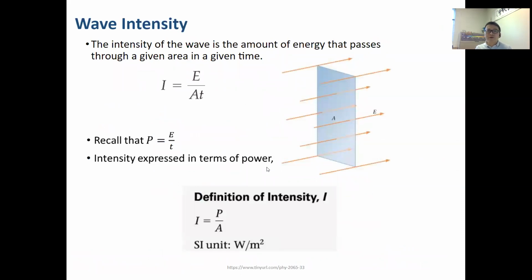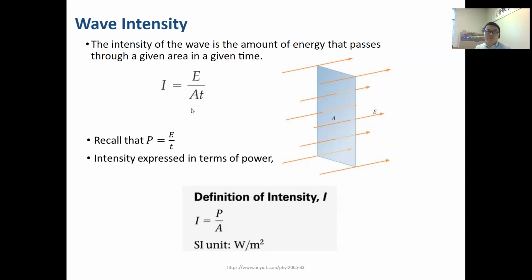So when you have energy carried by a wave, if it hits a certain area A over time t, that gives us the wave intensity, equal to energy divided by A times t.